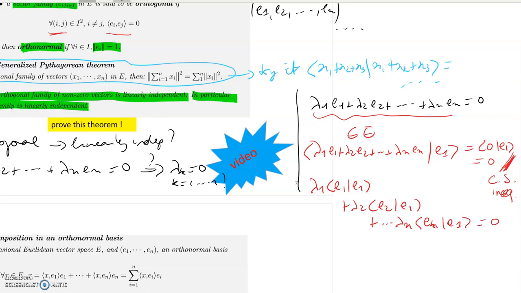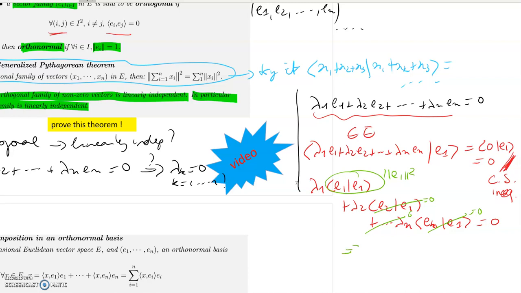And now our assumption was that all these were orthogonal, so that's equal to 0. They are all equal to 0 except this one, which is not 0, of course, because it's the norm of e1 squared.